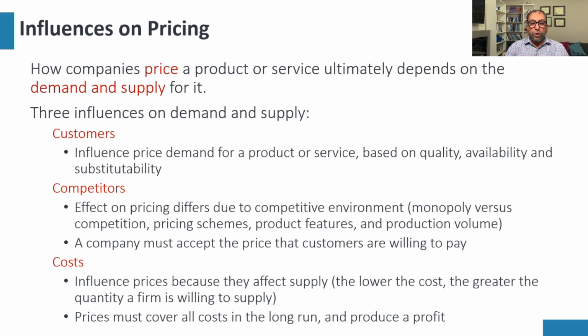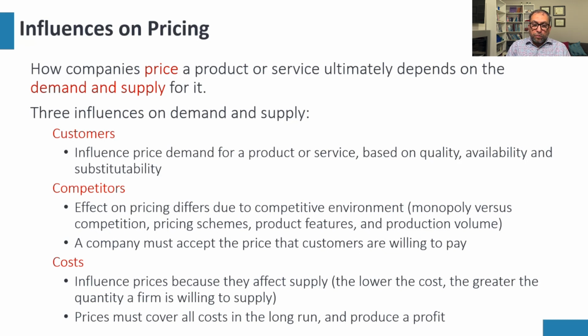Now, if we see this in the context of supply and demand, we know that the demand is all based on the willingness to pay by the consumer or a customer, and the supply curve is all influenced by the supply. And sometimes we also call the supply curve a marginal cost curve.